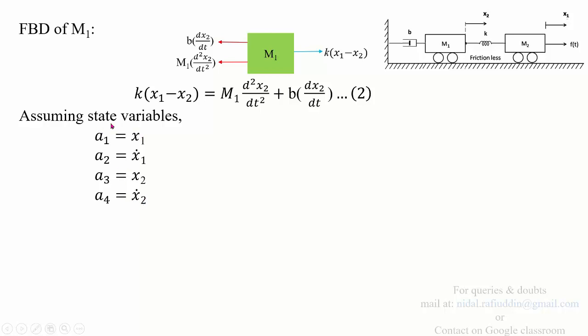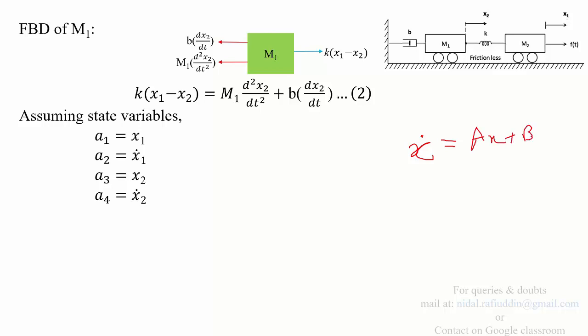So after the assumption of state variables a1, a2, a3, a4, now we'll try to identify the state equations. State equations will always be written in the form x dot equal to Ax plus Bu.